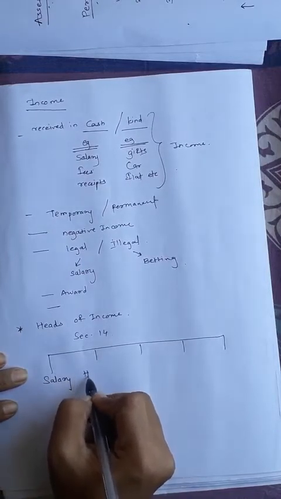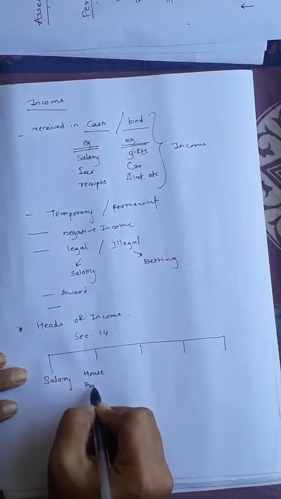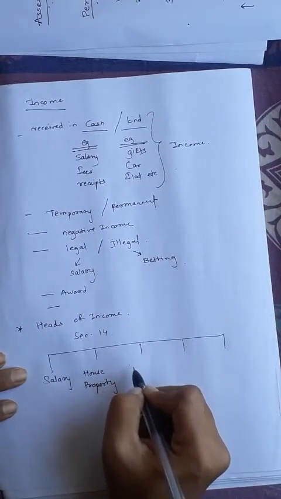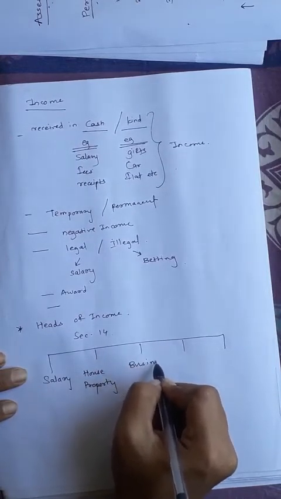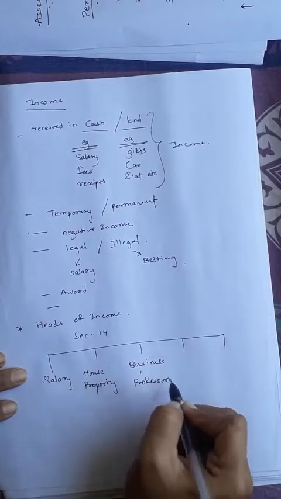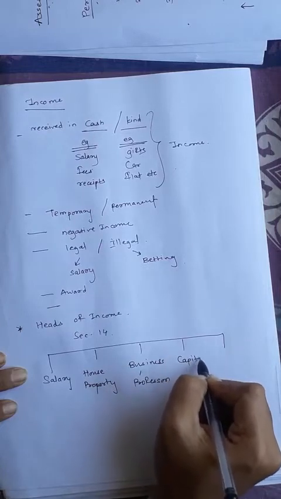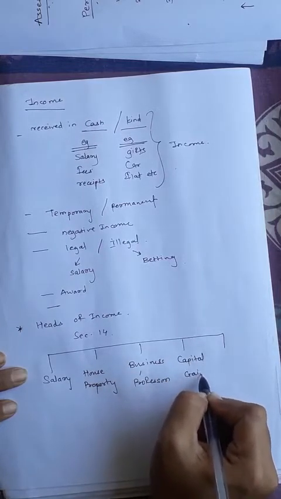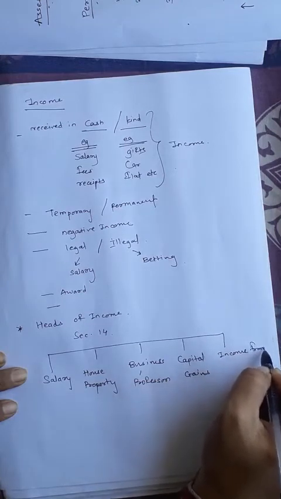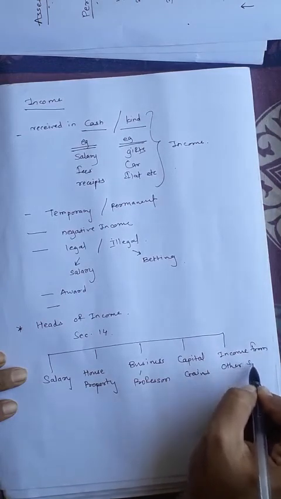The another head is income from house property. The third head is profit or gains of business or profession. And fourth one is capital gains. And fifth one is income from other sources.